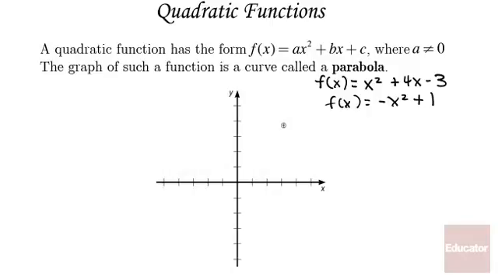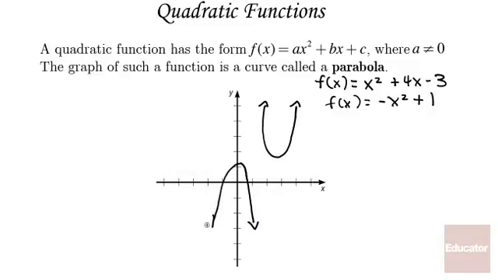We're going to be working with the graphs of these functions today, and first just talking about the general shape of these curves. The graph of a quadratic function is a shape called a parabola. A parabola can open upward, or it could open downward.